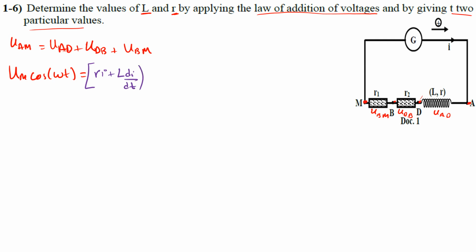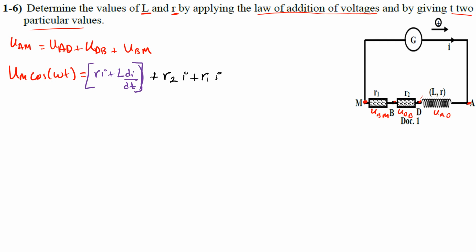Because we have an internal resistance and we have an inductance. Plus UDB, which is R2 I, and UBM, which is R1 I. So let's see how it's going to change.